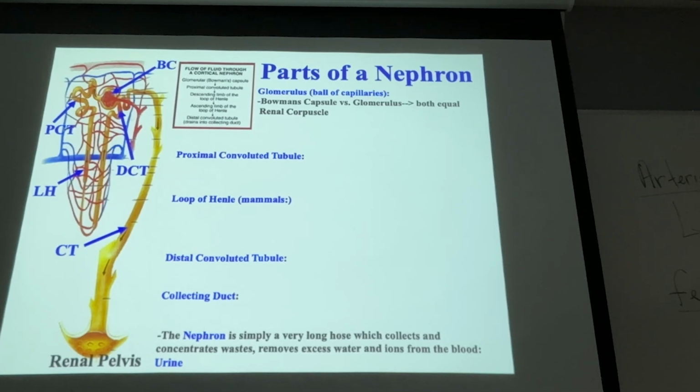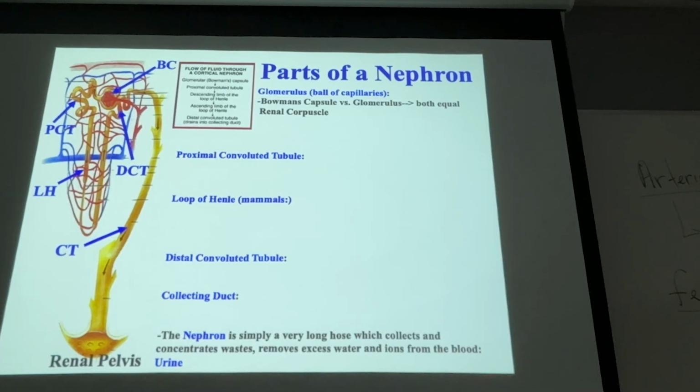Now, the two parts of the renal corpuscle, and I've mentioned this before, but I want to mention it now. The balloon is called Bowman's capsule, or the renal capsule. But I like Bowman's capsule, that way you don't mix it up with the renal capsule, which is the connective tissue that surrounds the whole kidney.